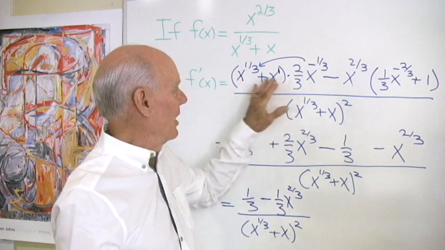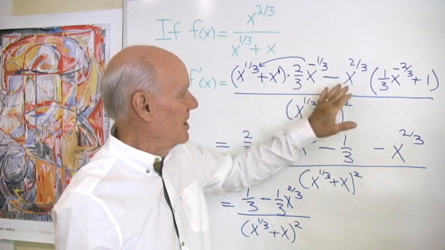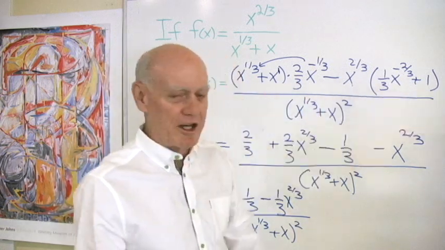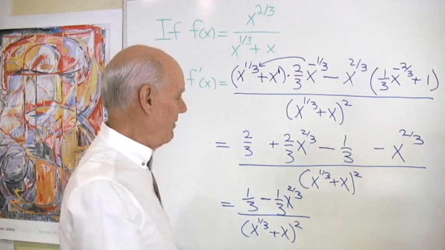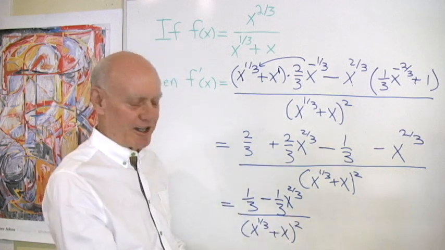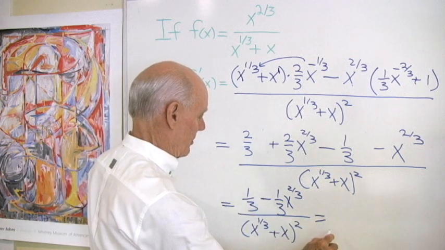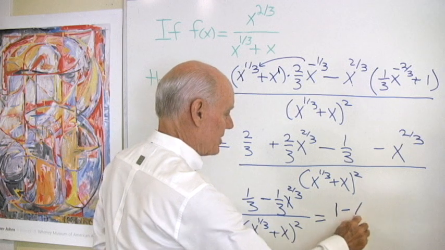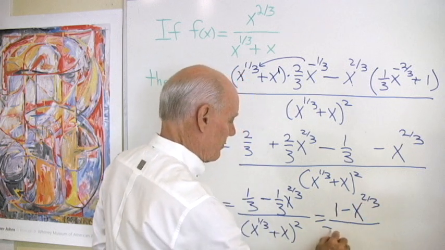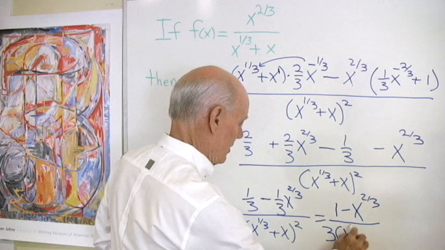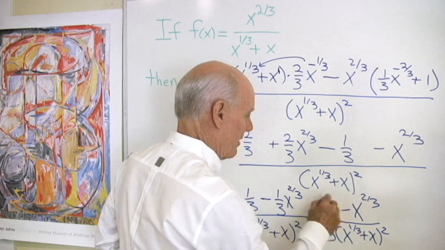So it turns out when I look at the distributive property, distributing this over these two things and this over these two terms right here, all the exponents turn positive, and in fact it simplifies very nicely. So I'm just going to multiply numerator and denominator here by 3, so I'm going to end up with 1 minus x to the 2/3, all divided by 3 times x to the 1/3 plus x, squared.